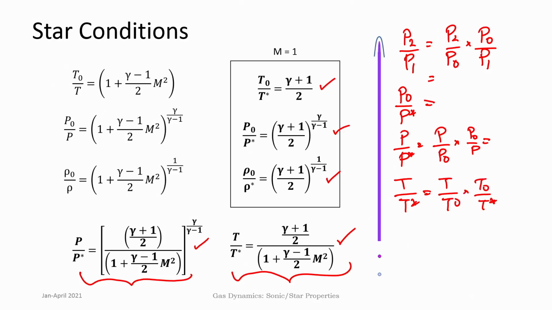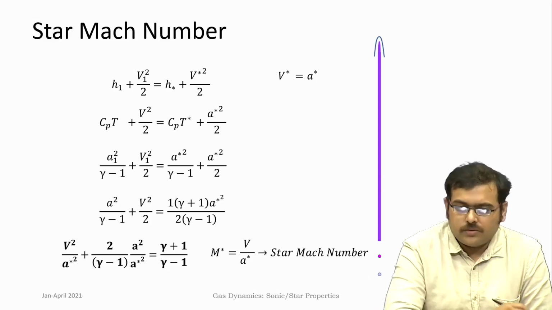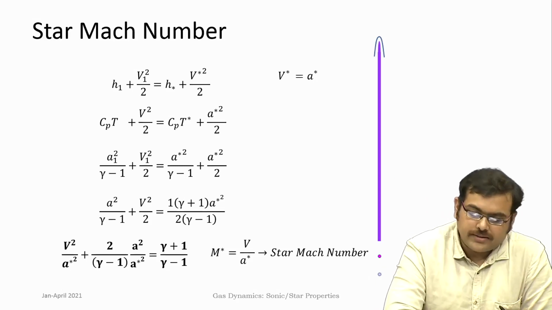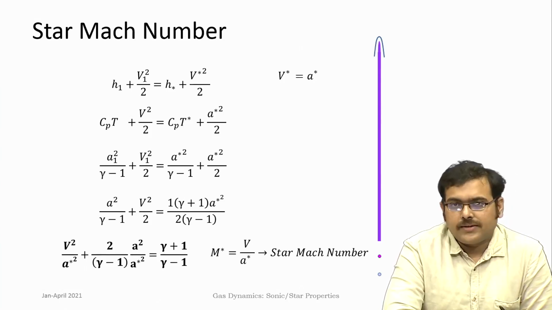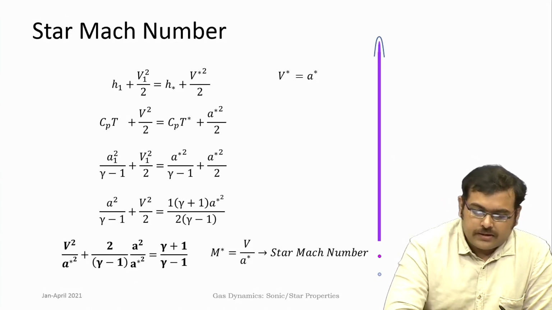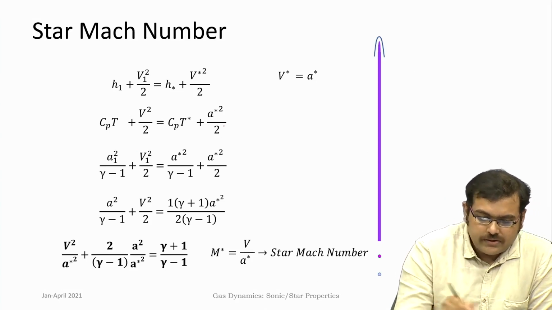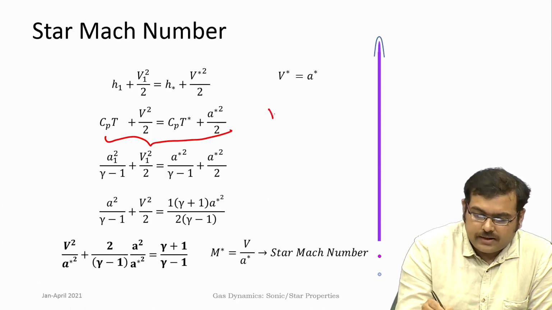The equation that we had just seen, the star energy equation or energy equation, where V star is considered to be A star, can be taken forward, and we can define a new kind of Mach number known as the star Mach number. It has its utilities, and we will see what its significance is. Continuing there, this equation is written by using the point that at star condition V star is equal to A star.